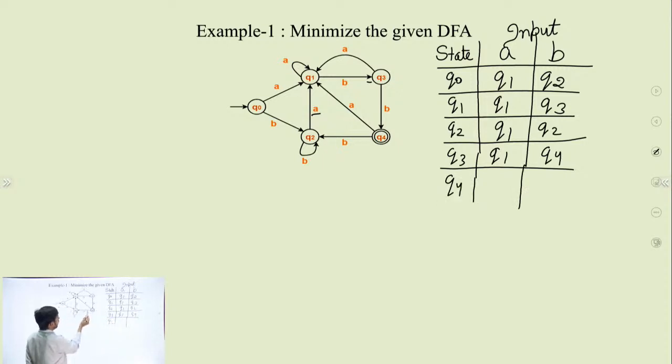Q4 on A goes to state Q1 and Q4 on B goes to Q2. So this is the transition table for the given DFA. Now we find the equivalence classes. So let's write equivalence class 0, P0.